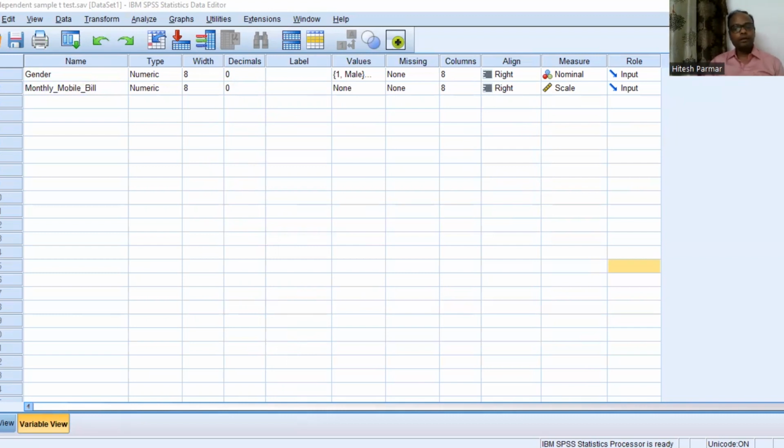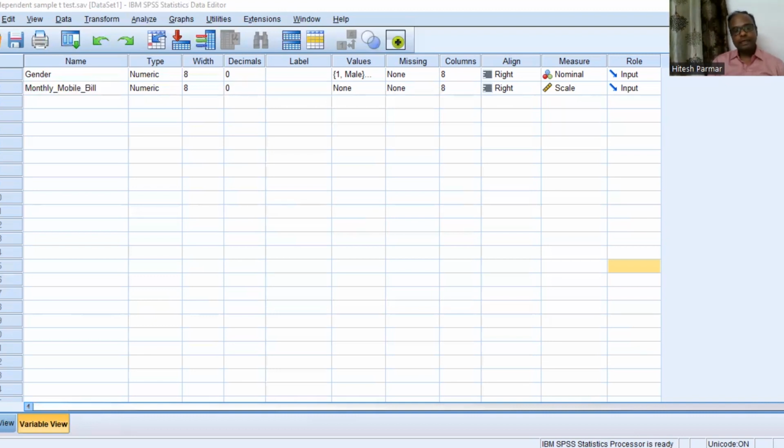So here we applied independent sample t-test, and the first table is regarding the group statistics. So we have a column called gender, then N is our samples, mean value, standard deviation, and standard error of the mean.